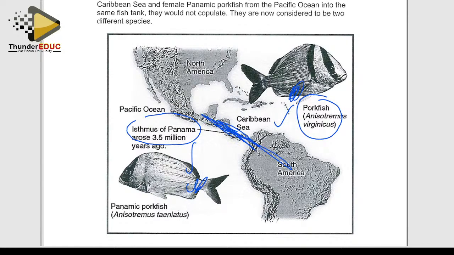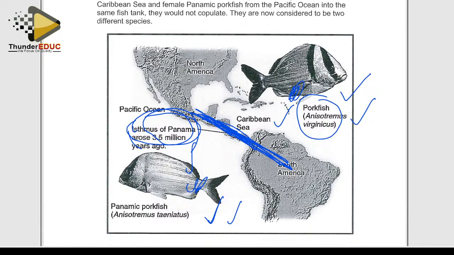Because they are separated by a geographical barrier, they experience different environmental conditions, so natural selection occurs independently. So it was one group of porkfish, then it was separated by a geographical barrier, which is this.